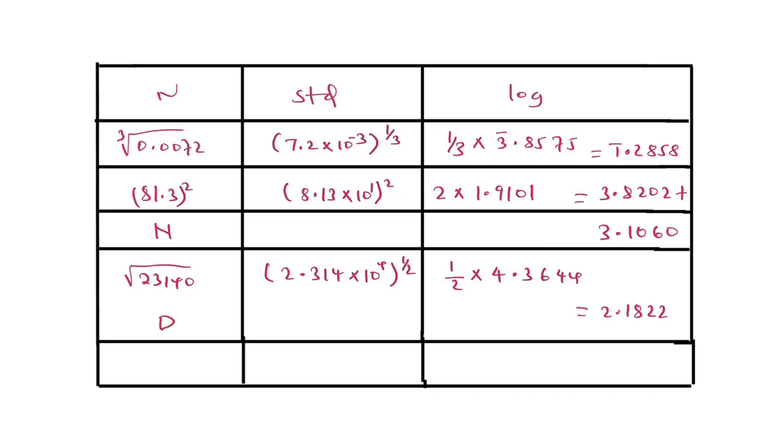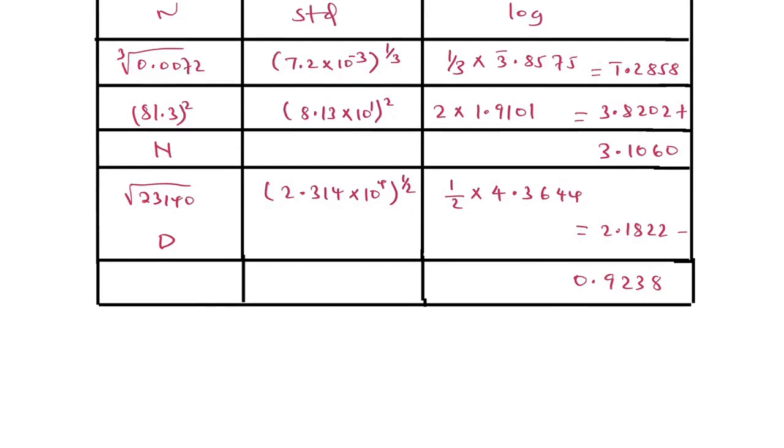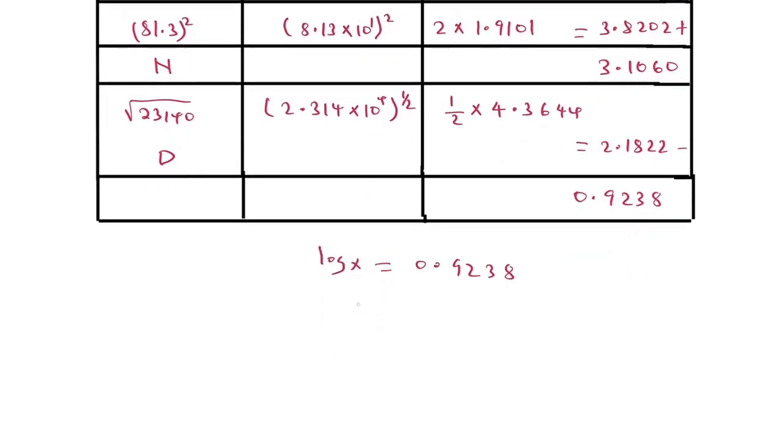Okay, so next we are going to apply the quotient rule of logarithm by taking the numerator minus the denominator. So finding the values, we are going to have 0.9238. Then log x equals 0.9238. Okay, so let us now apply antilog.